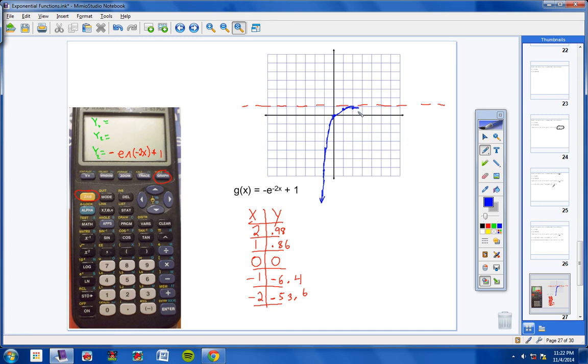And it's going to get closer and closer to the asymptote, but it's never going to touch it, okay? So even though you have a base of e, you still graph the exponential function the same way. The steps are still the same, okay?